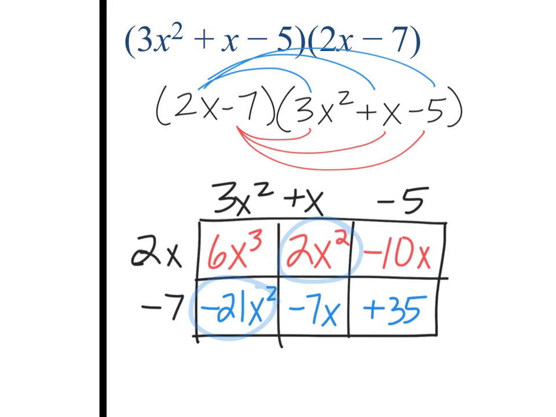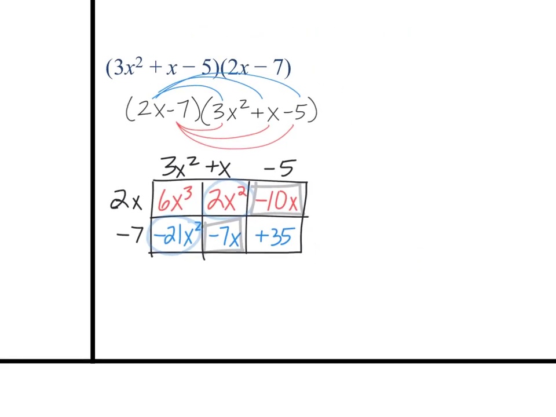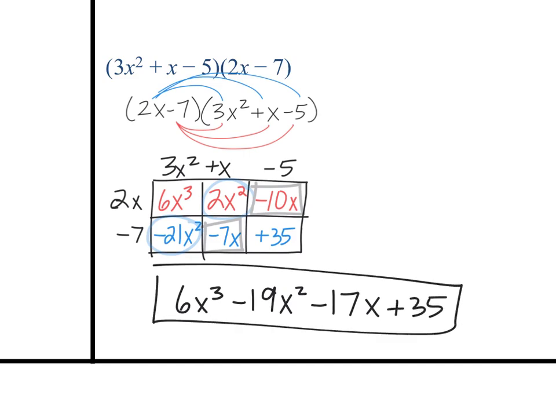I'm going to circle those and then I'll box the other ones, -7x and -10x. You need to combine them and then write your answer in standard form, highest exponents to lowest exponents. So it'd be 6x to the third minus 19x squared. -10 minus 7 is -17x, and then plus 35. Has to be in standard form.